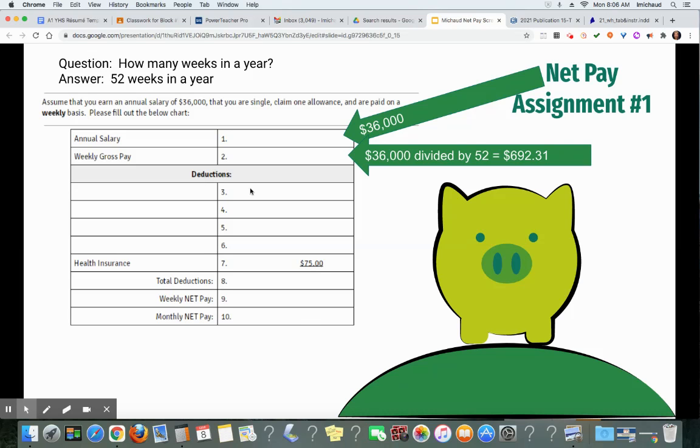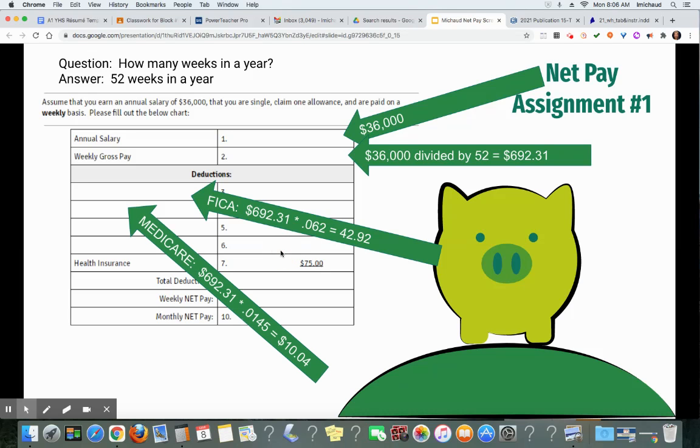Now that's your gross pay. As you know, we don't get to keep all of that money because we have payroll deductions. So the first is FICA, which again is another name for Social Security. Take your weekly gross pay of $692.31, multiply it by 0.062 because that's 6.2%, and the amount withdrawn for FICA will be $42.92.